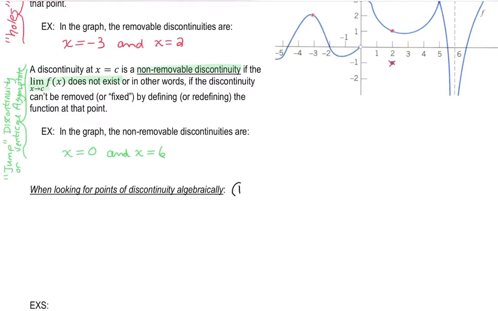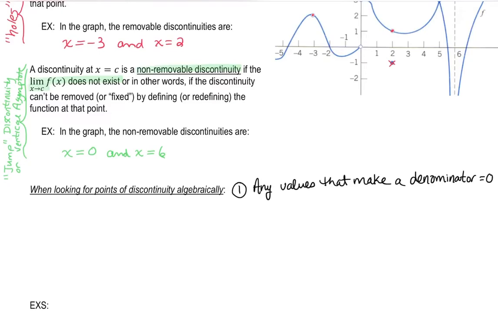So one situation is any values that make a denominator zero, so essentially you'll be setting your denominator equal to zero.